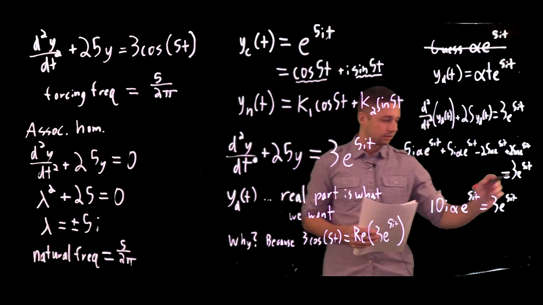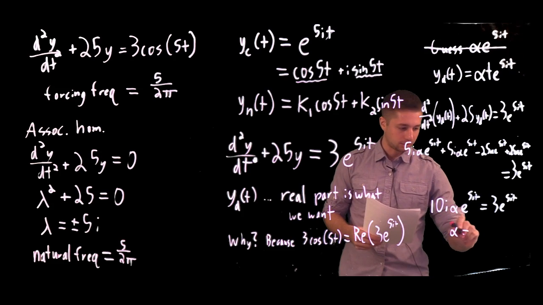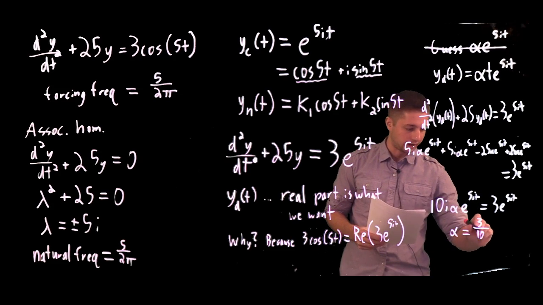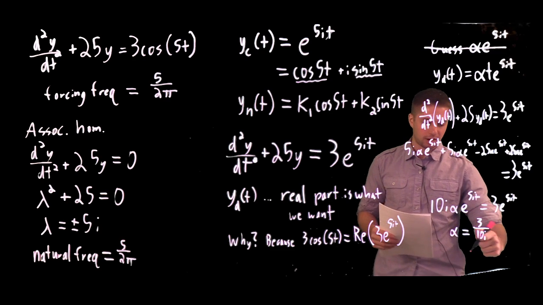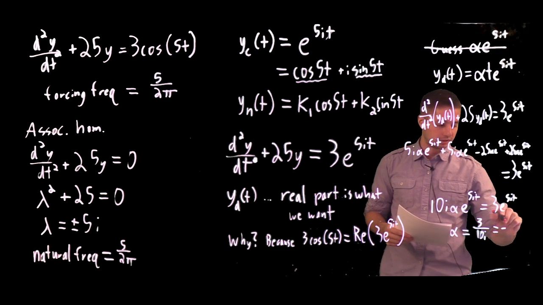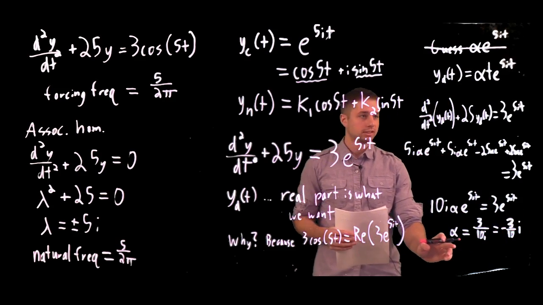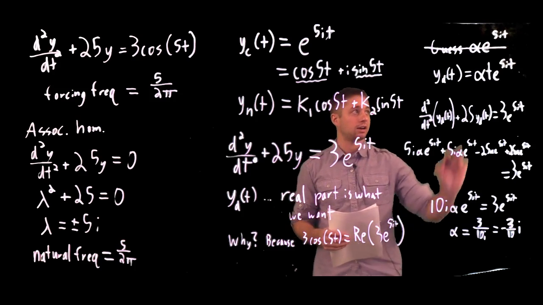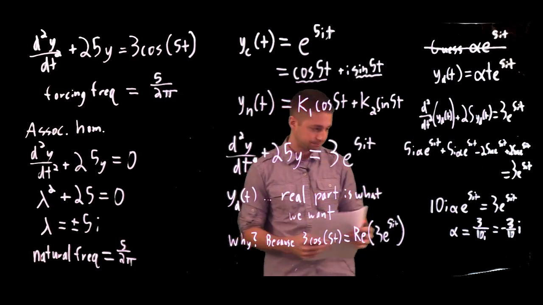And then we can cancel out these e^(5it)'s, and you have alpha equals 3 over 10i. If you multiply the top and bottom by the complex conjugate of the bottom and simplify, what we get is minus 3i over 10. So this is the value that alpha must take on if this is to be a solution to the complexified differential equation.